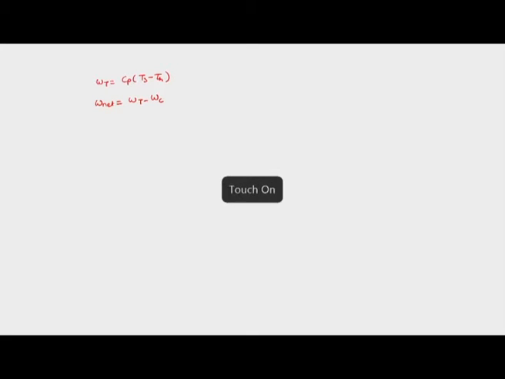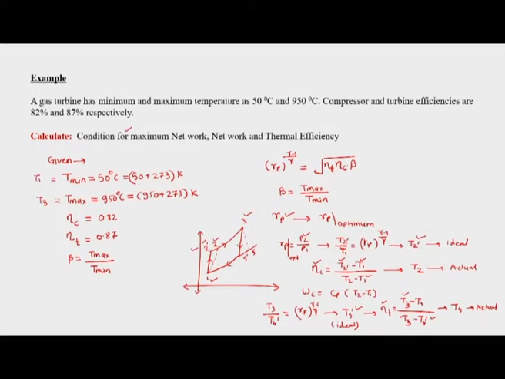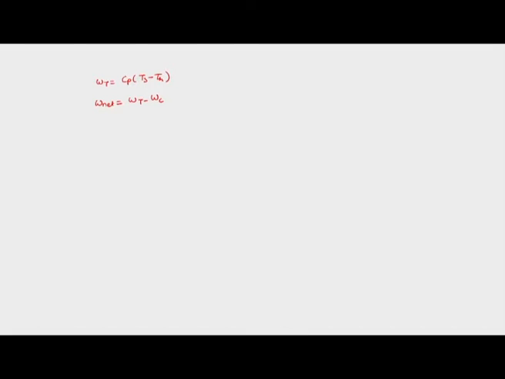Then we are told to find out the thermal efficiency. So, thermal efficiency of the plant is also simple to evaluate, since we know thermal efficiency is W net upon Q in, but the problem is we do not know Q in. So, Q in is equal to Cp into T3 minus T2.